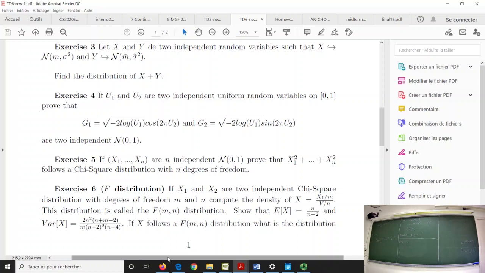We should use the logarithm one, right? No, wait, this one, the one I have computed, and the one you will have to know after the holidays. I have already done the job. I have done the computation of the moment generating function of the gamma distribution. So of course we are going to use this.